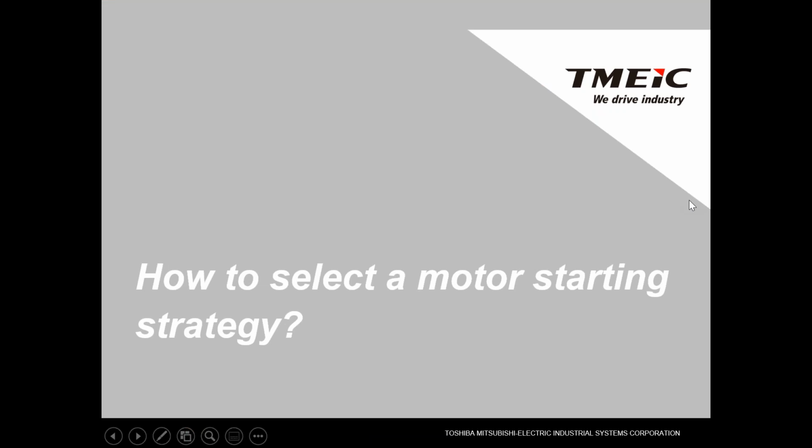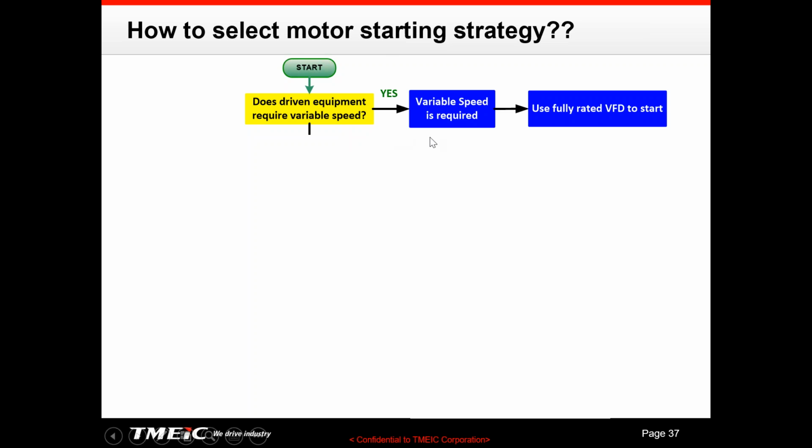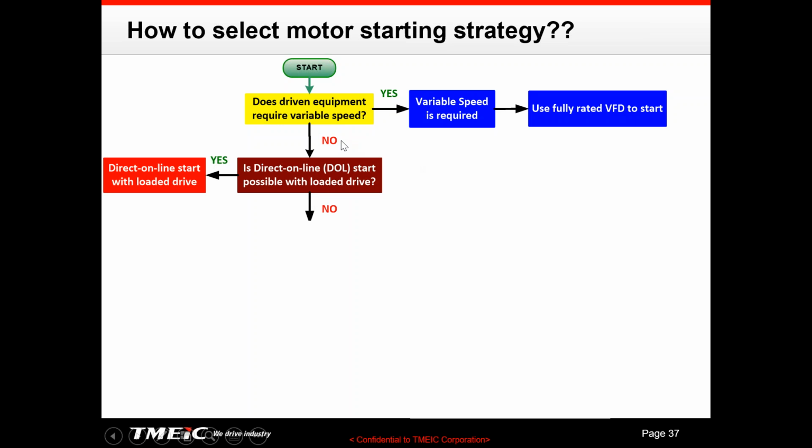So how do we select the motor starting method properly? The first question: does the driven equipment require variable speed? If the answer is yes, then variable speed is required, and you use a fully rated VFD to start. If the answer is no, we may ask, can we start the motor DOL with a loaded condition?